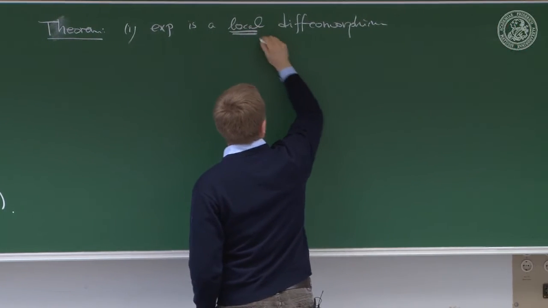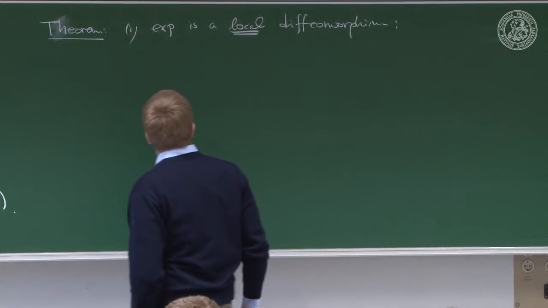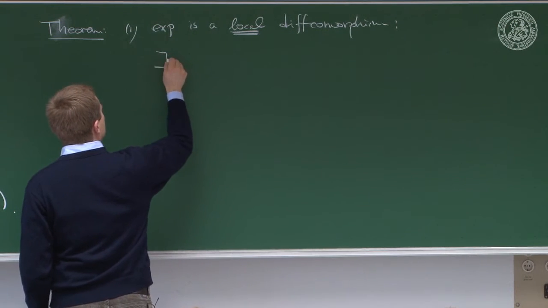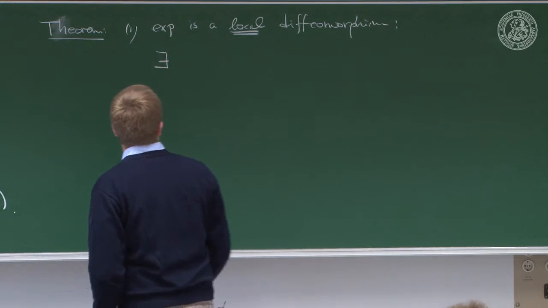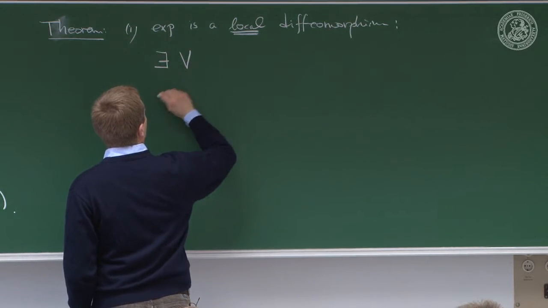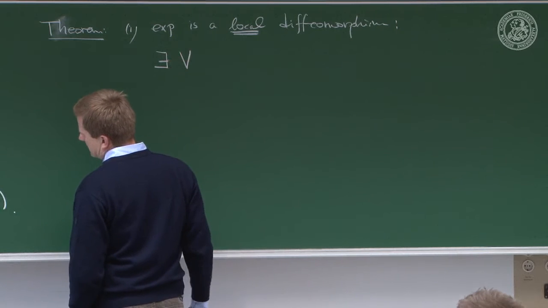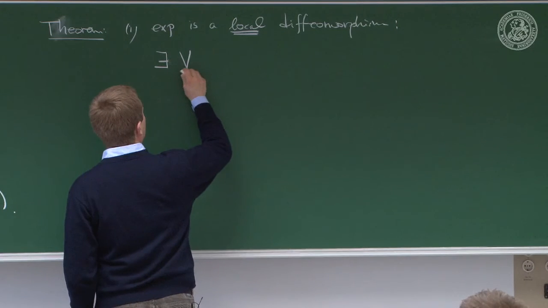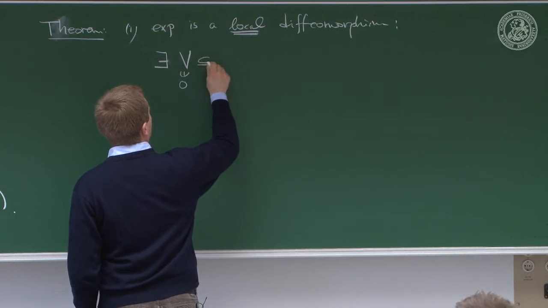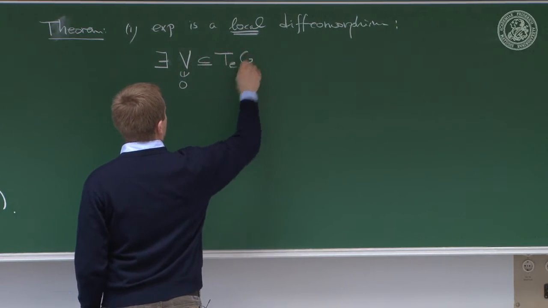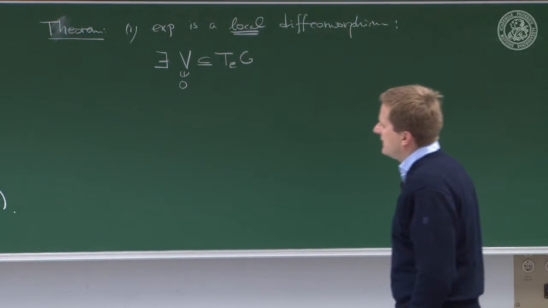So what does that mean? It means there exists a neighborhood of the 0 vector in this tangent space. It doesn't need to be a vector subspace.